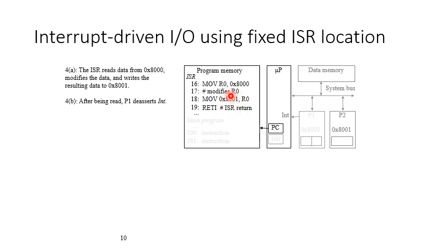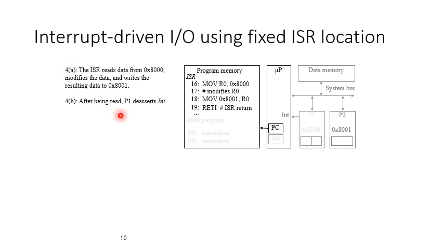So we read the data, we modify it, and then we write the resulting data at that particular location. And then finally return from interrupt, that is the interrupt service routine return.